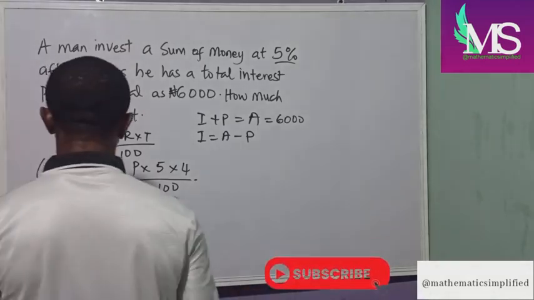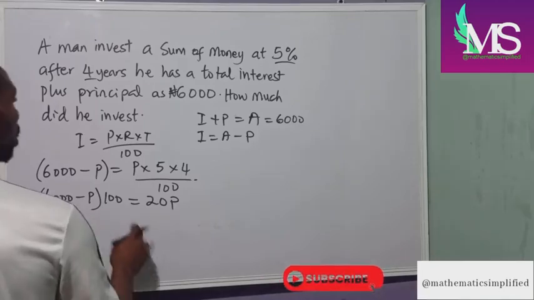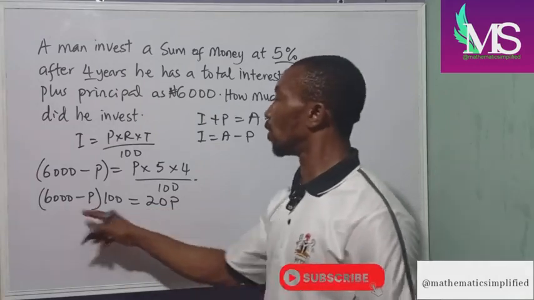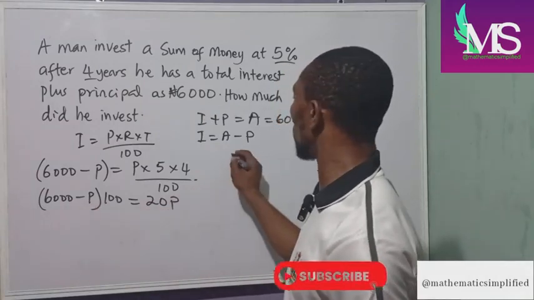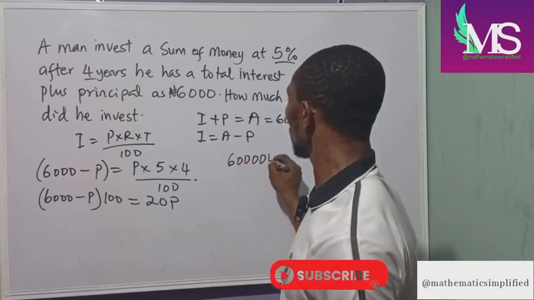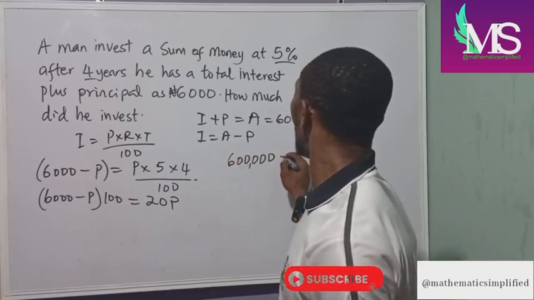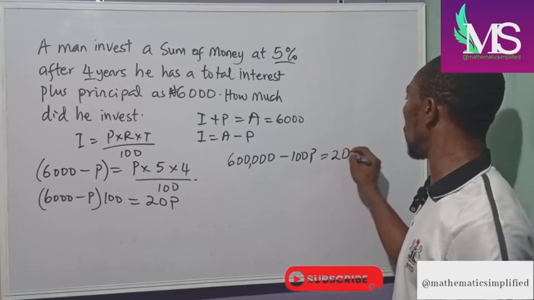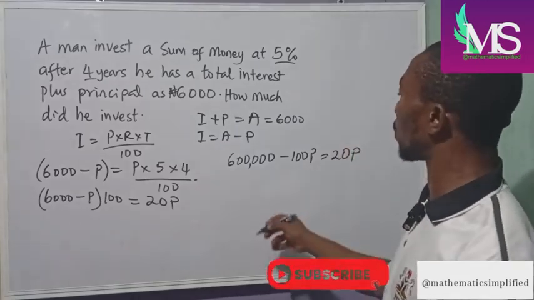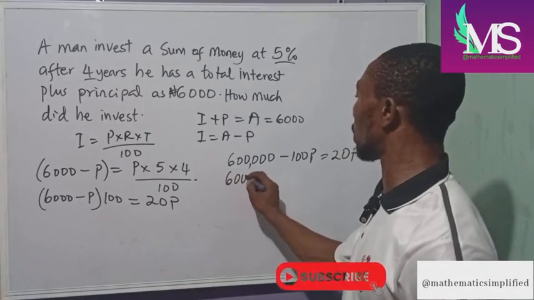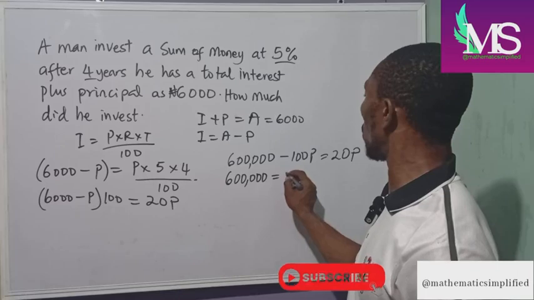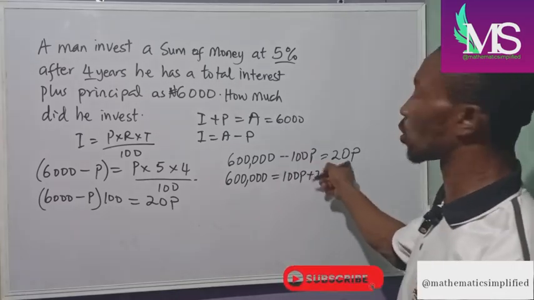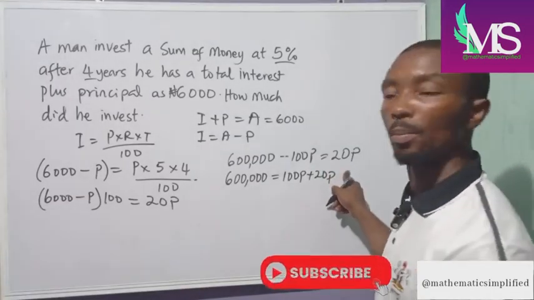From here, we will open this side. 100 times 6,000 will give us 600,000 minus 100P equals 20P. Now, collecting our P's together, we have 600,000 equals 100P plus 20P. Negative crossing over the equality becomes positive.